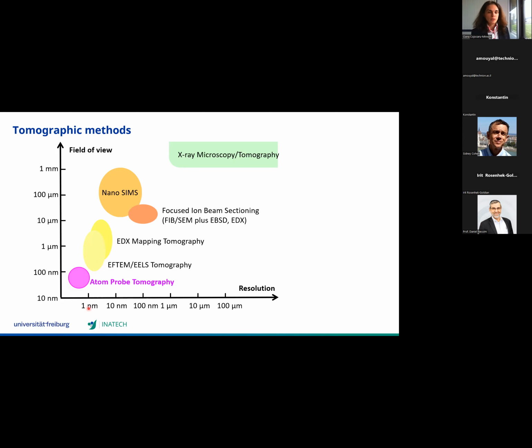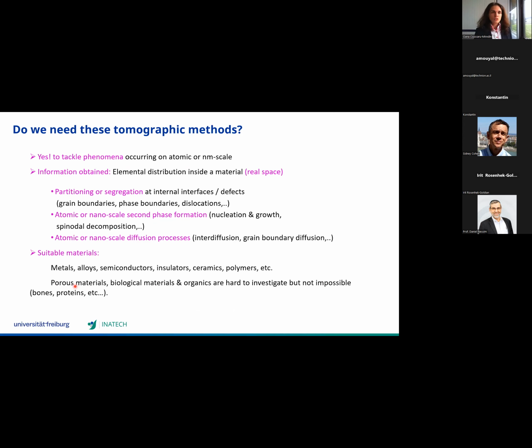And then here, atom probe tomography has the lowest field of view, but the highest resolution. So it means that with the atom probe tomography, we are able to probe all structures which happen at the nanometer level. This is the biggest advantage of the atom probe, but of course the field of view is reduced and it's not bigger than 100 nanometers.